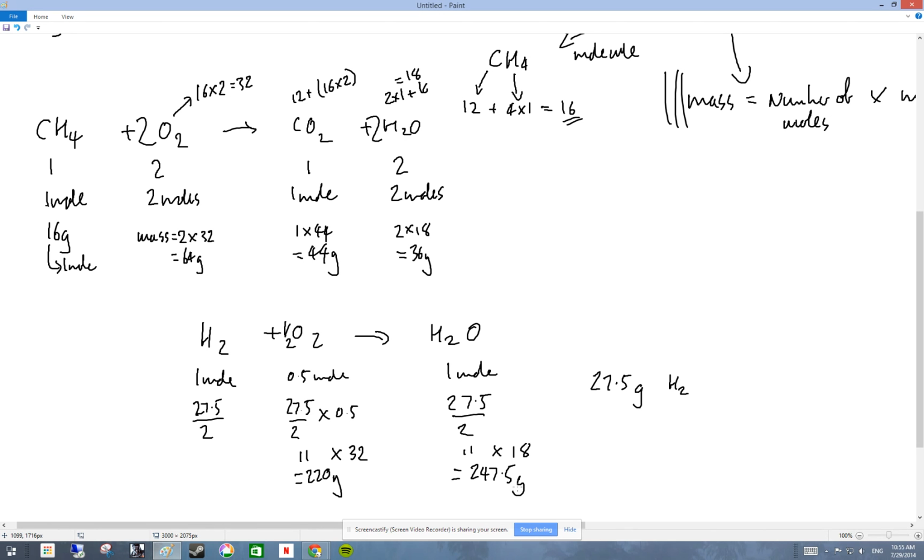Okay, so if I took 27.5 grams of hydrogen and burnt it completely, I'd make about 1/4 of a kilo of water. You're making a lot more because you're adding the oxygen to it, and the oxygen atoms are much heavier than the hydrogen atoms.